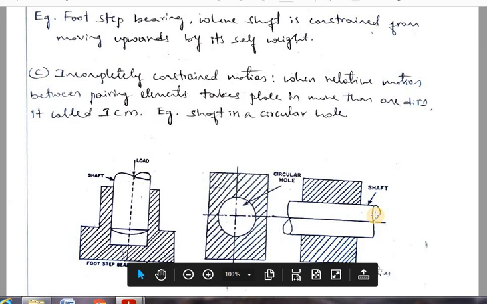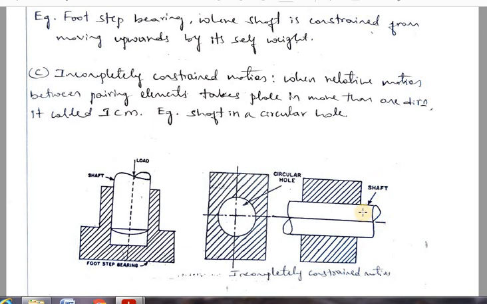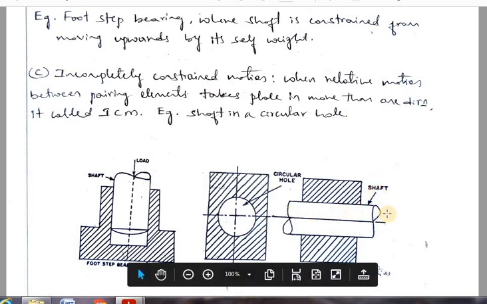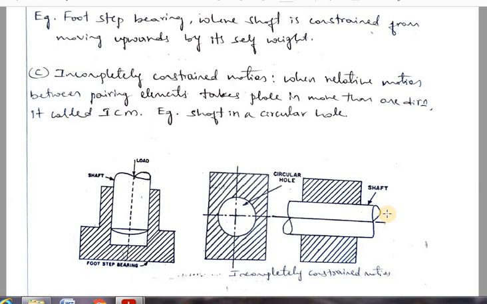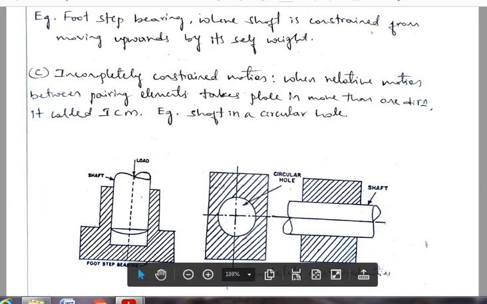Now this shaft can either rotate in the hole or it can also slide in the horizontal direction. Such motion we call incompletely constrained motion because the shaft does not have definite motion in any one direction. Either it can rotate or it can slide. Such a constrained motion is called incompletely constrained motion.